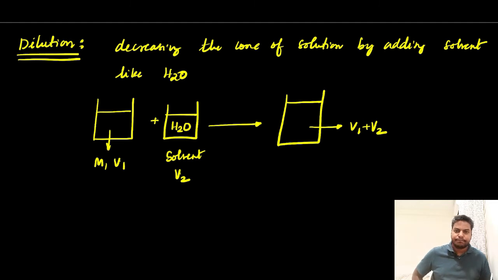Okay, so the volume has increased because when you mix both of them, the final volume will be V1 plus V2. But what about the molarity of this new solution? Earlier molarity was M1, would it still remain M1, or would it decrease or increase?